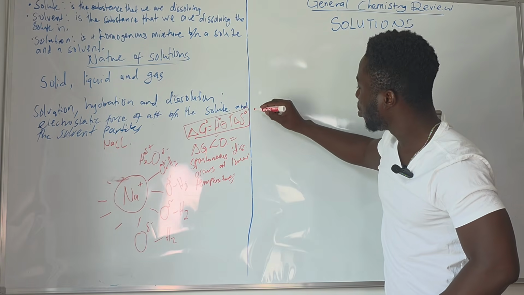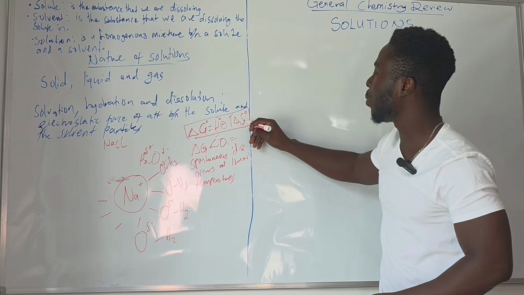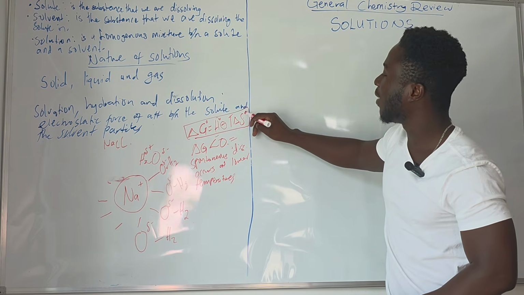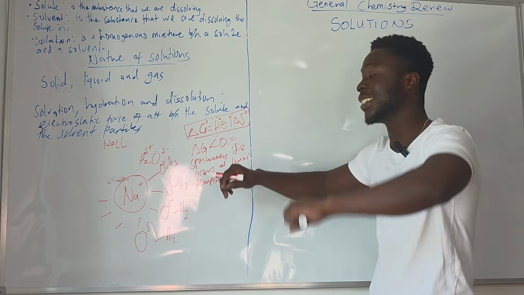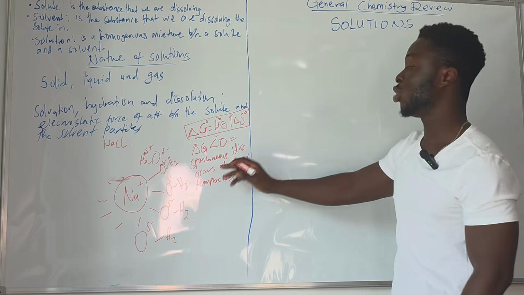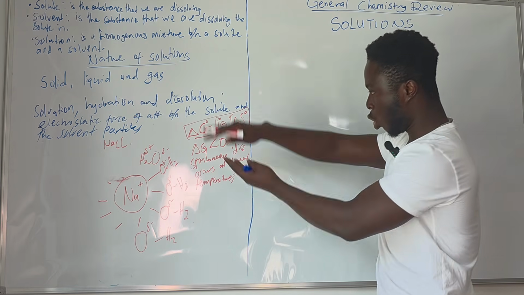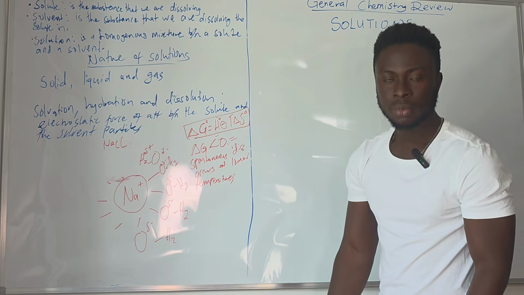The more entropy we get over here, the bigger the value we subtract from whatever the enthalpy is, and then it is going to be less than 0. So when we get that, we know that the whole dissociation is going to occur spontaneously.